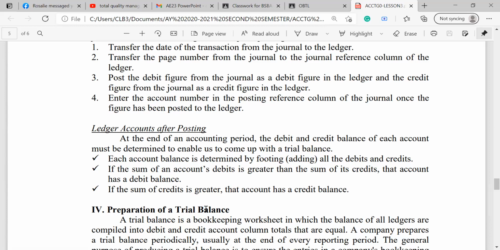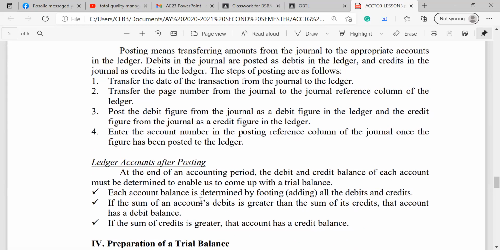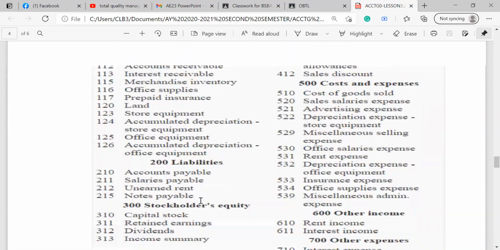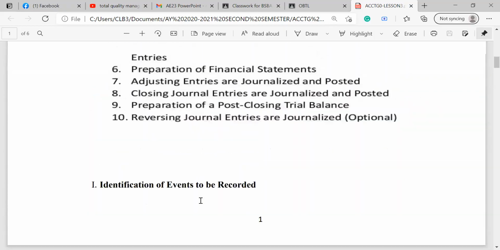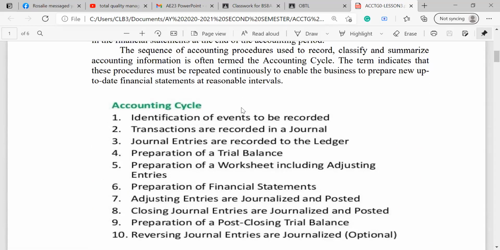Okay? But for this video, cut muna natin doon sa hanggang third steps muna tayo. So yon, identification ng events to be recorded, transactions are recorded in a journal, entries are recorded to the ledger.